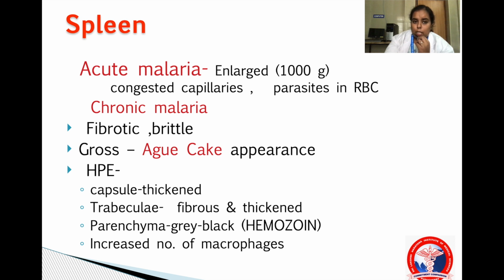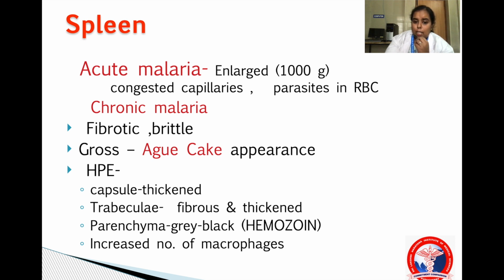In acute malaria, the spleen can be enlarged up to 1 kg with congested capillaries that contain parasitized RBCs. Chronically, the spleen will be fibrotic and brittle. Grossly, it will have an egg-cake appearance. The capsule will be thickened. Trabeculae are fibrous and thickened.